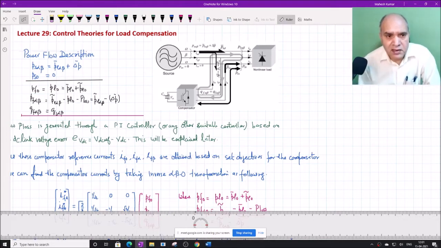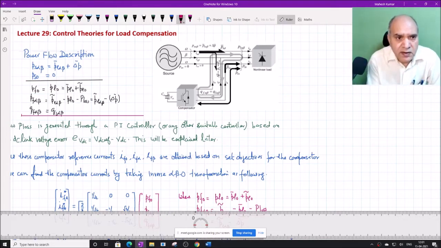If you remember, in the previous class we had three important conditions. Number one is the zero sequence power of the compensator, and then the alpha beta power, and then the Q alpha beta power. The zero sequence power has to be equal to the zero sequence load power, so that the load does not experience any change when it is supplied.